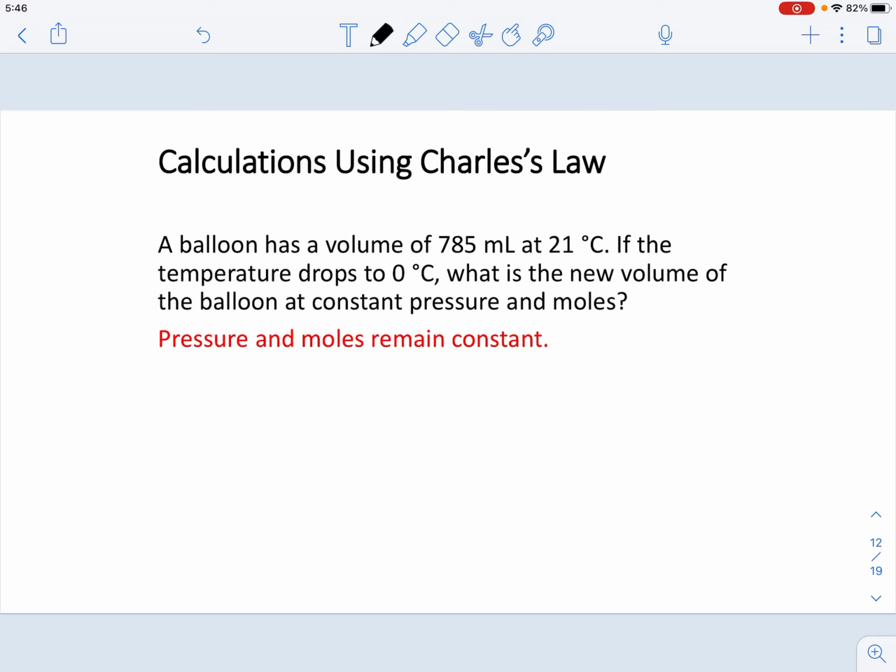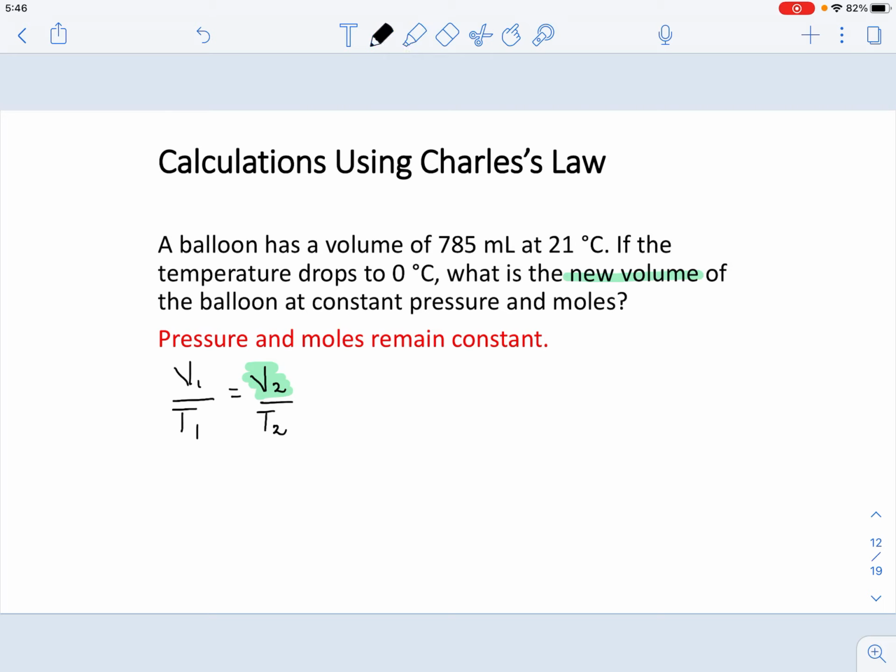Okay, so let's first write the equation that is utilized for Charles law problems, which states that initial volume divided by initial temperature is going to equal final volume, which is V2, over final temperature. As you can see, we are looking for the new volume, so we are going to be solving for V2.